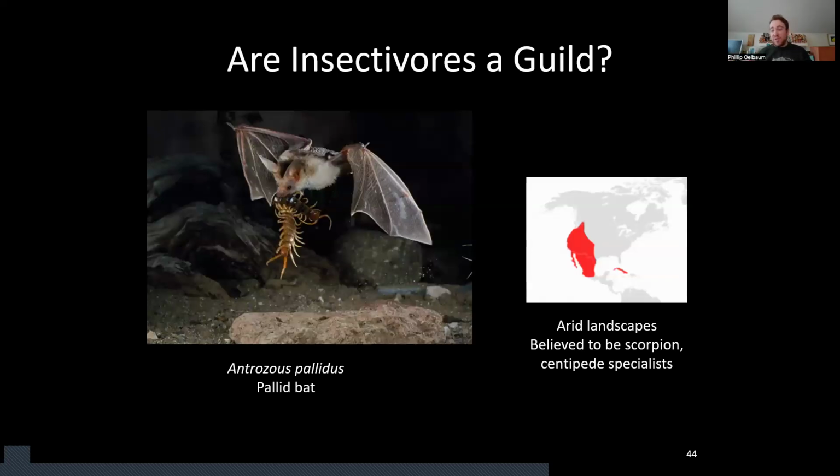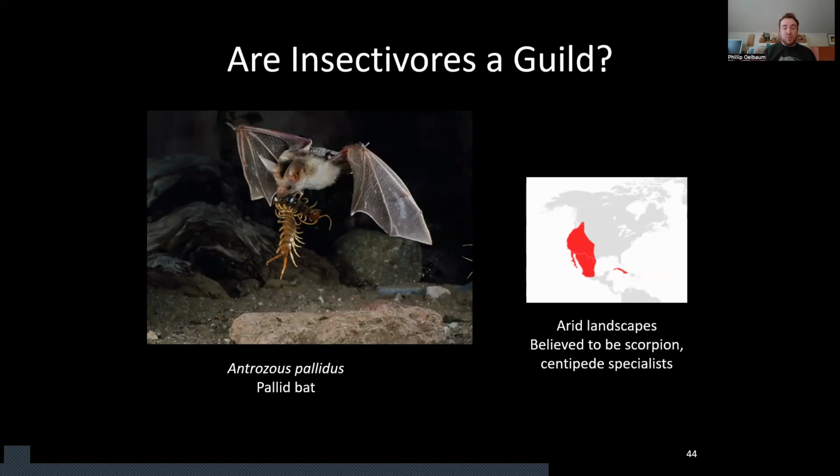So I'll just give a couple of examples of why this niche concept of putting bats into guilds doesn't quite work out. So Antrozous pallidus, the pallid bat, a very well studied bat, present here in Canada. They're found in mostly arid landscapes, and they were believed to be scorpion or centipede specialists for a long time in the literature, mostly thanks to photos like this from Merlin Tuttle.